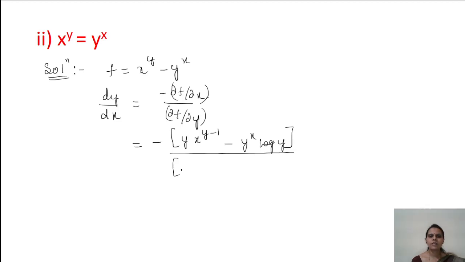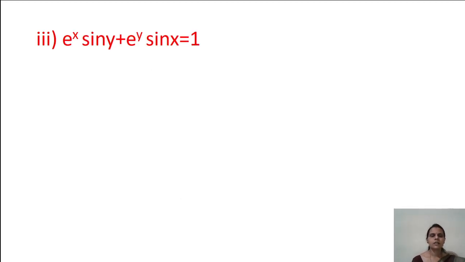So x^y is of the form a^y, and the differentiation is x^y log x, minus x y^(x−1). This is the differentiation of the given implicit function. So now let us move on to the next problem.